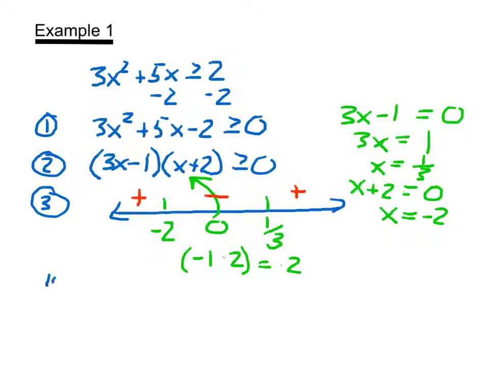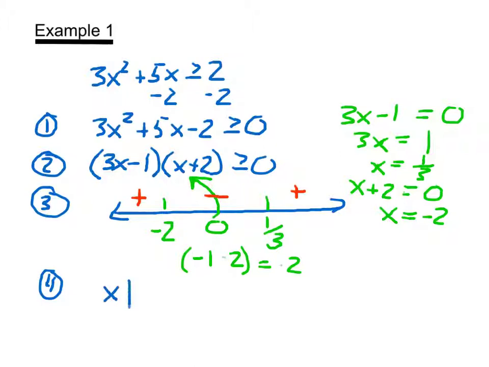Now step 4 is simply writing the intervals which make this inequality true. Notice I'm dealing with greater than or equal to here. I want the left-hand side to be greater than or equal to 0, while the sign diagram represents the left-hand side, so I want to find where the sign diagram is positive, and I have 2 intervals here. And I can use interval notation.